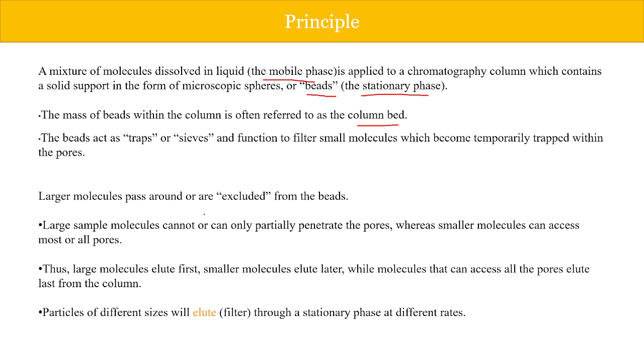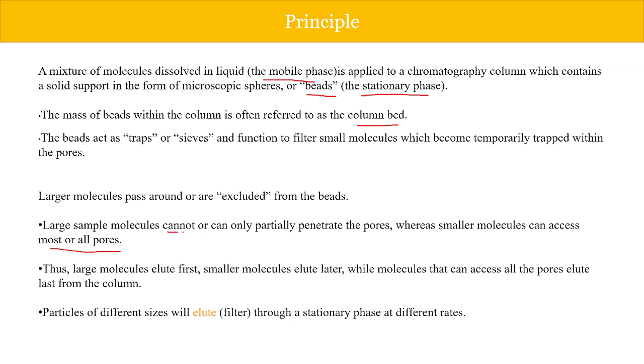Based on that limit, the higher molecular weight proteins get excluded from the beads. The larger sample molecules cannot or can only partially penetrate the pores, whereas the smaller molecules can access most or all of the pores.